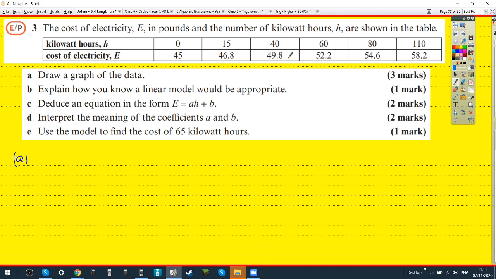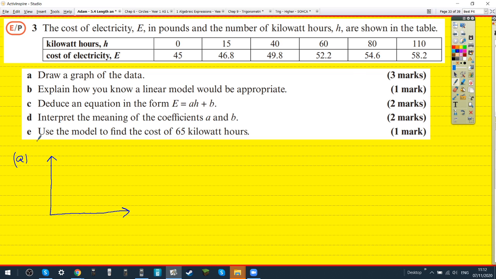How do you draw a graph of these points? Would it be for kilowatt hours, it'd go up in probably like tens? Maybe. Yeah, that's too little. It could probably be a bit higher.